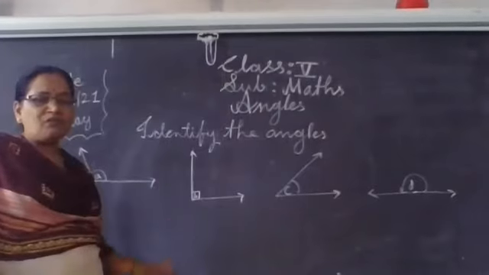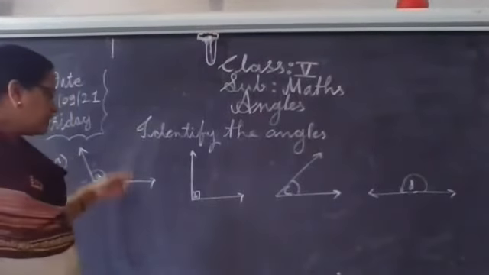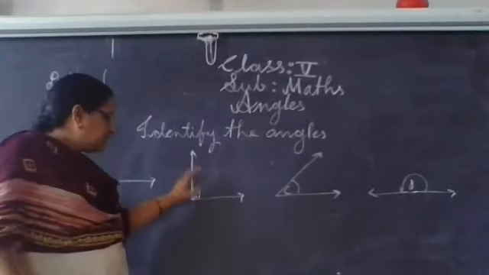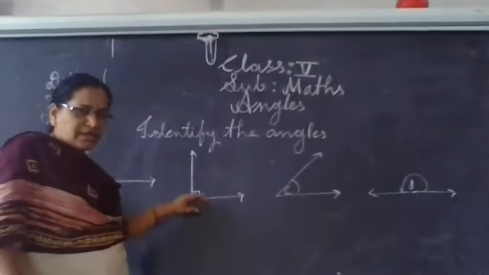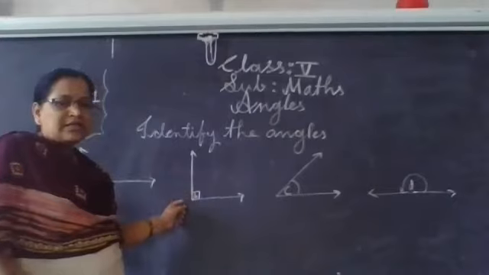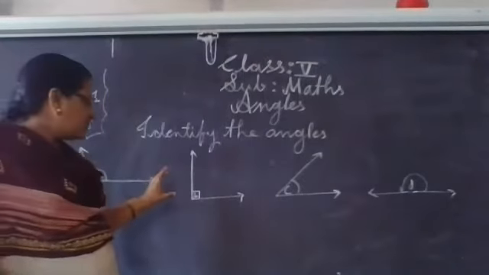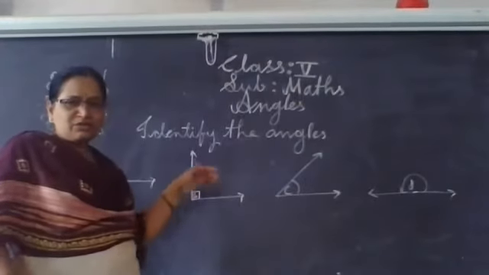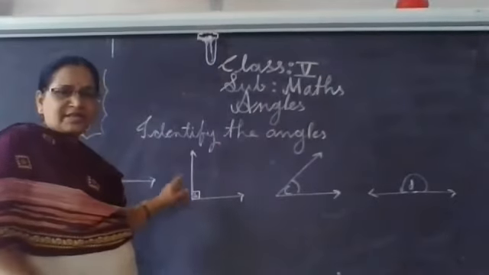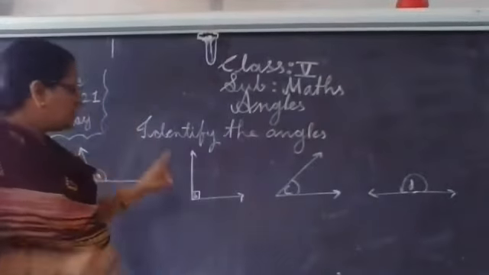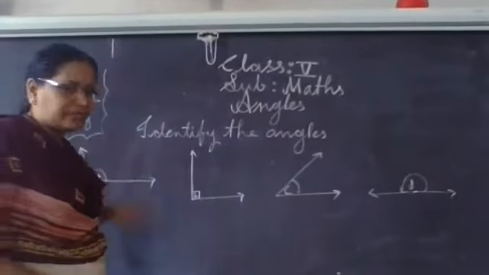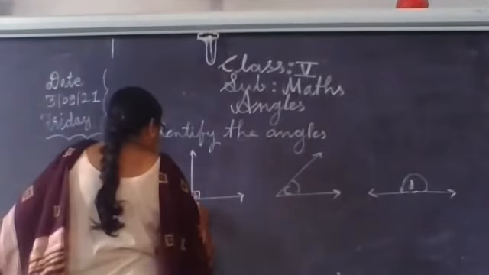So without measuring, how will you identify? Have you seen these perpendicular lines? This line is perpendicular on this one, and see the symbol, a little square. Whenever you see this little square, it is a right angle. So this angle is 90 degrees. Why? Because these two rays are perpendicular. Right angle.